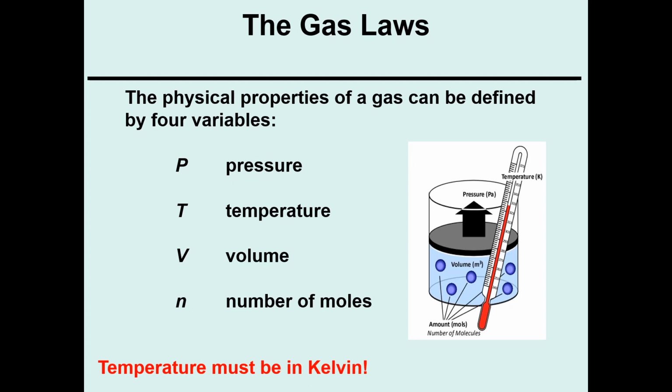So to avoid the confusion, we use n for number of moles. For all of the gas laws, temperature must be in Kelvin. Kelvin is the standard unit of temperature. It's an absolute scale, so all of the gas laws were measured based on absolute temperature, which is Kelvin.